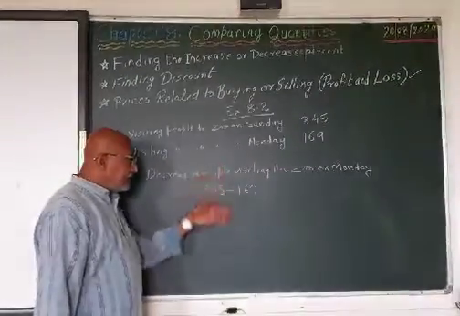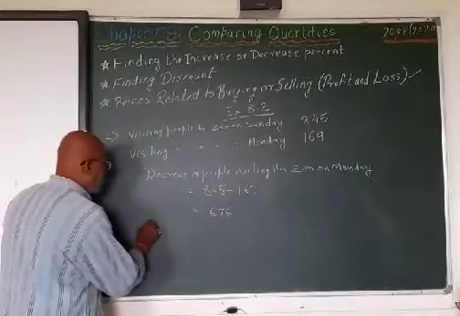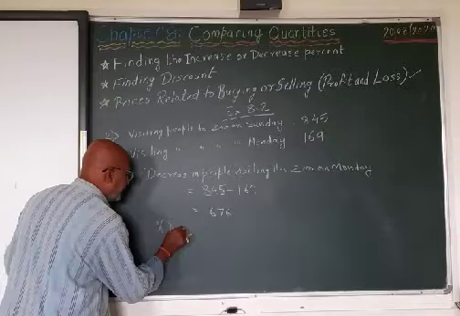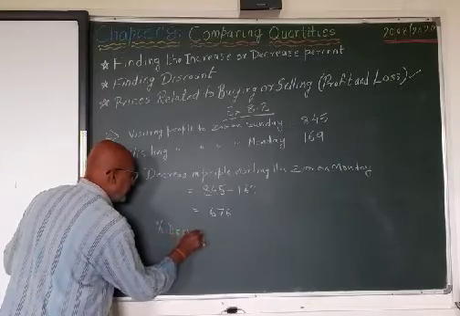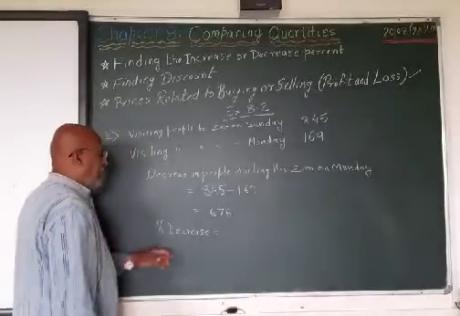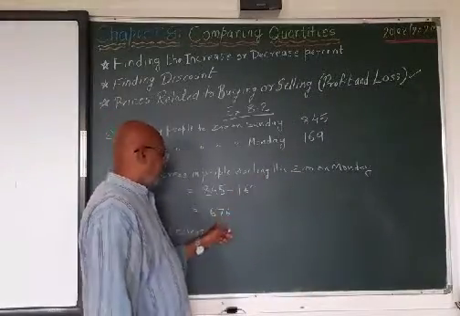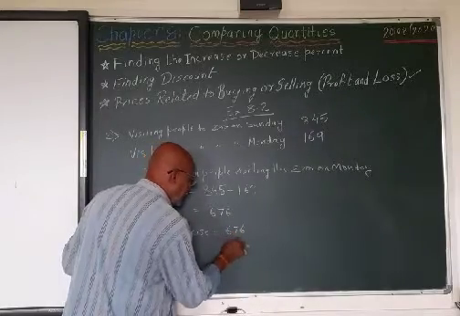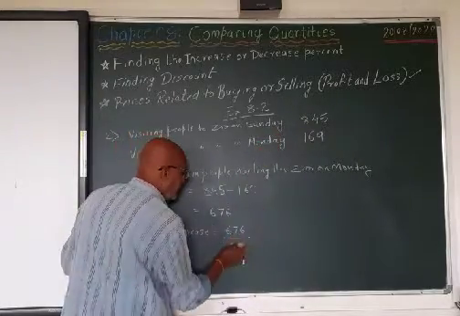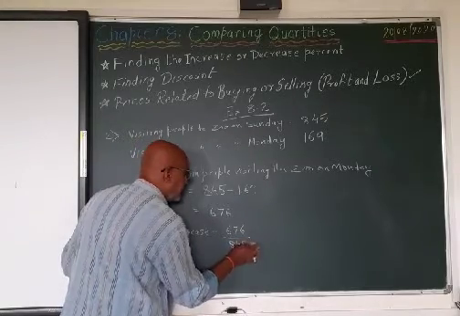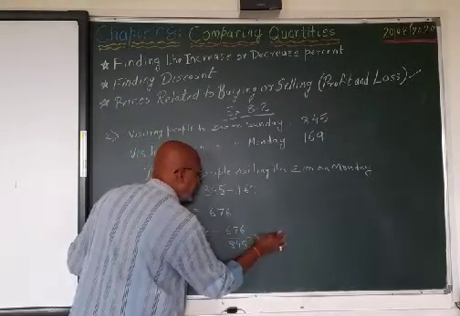So what was the decrease? Therefore, percentage decrease equals, how much was decreased? This much, 676. Out of how many? That is on Sunday, 845, multiplied by 100.